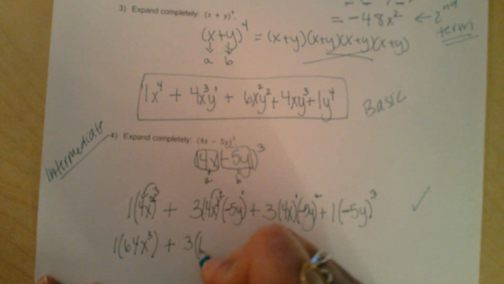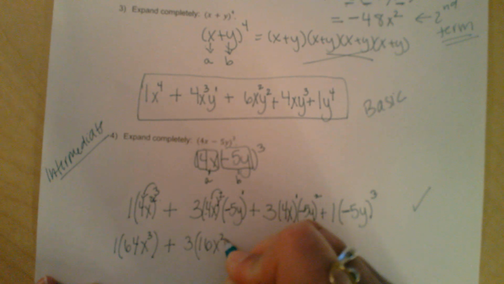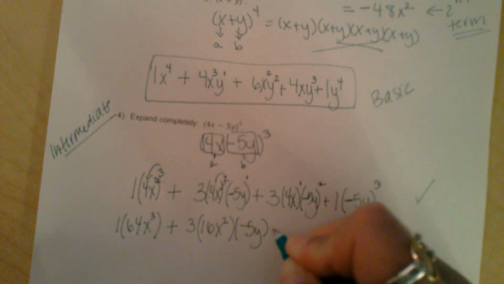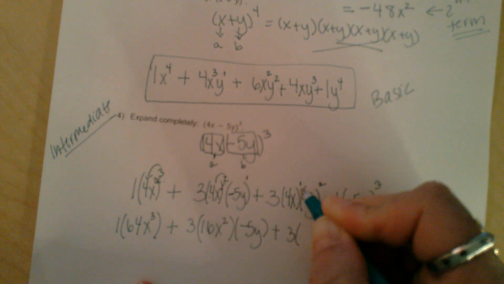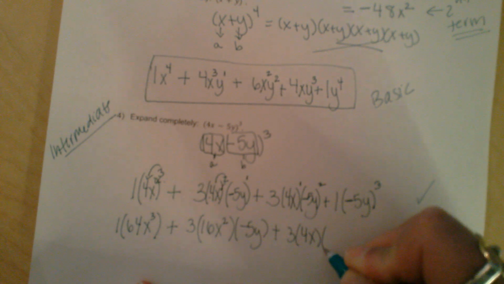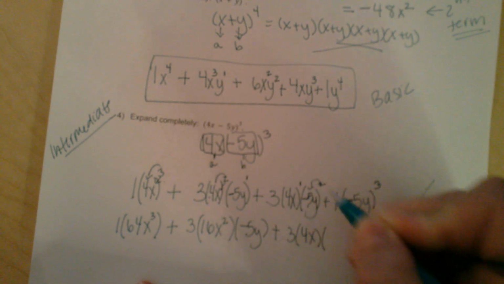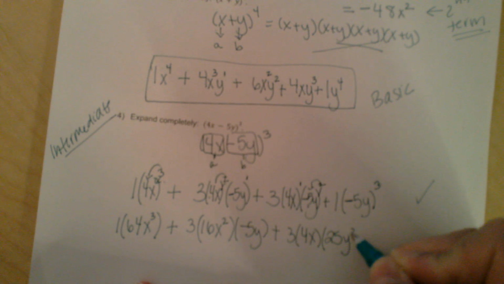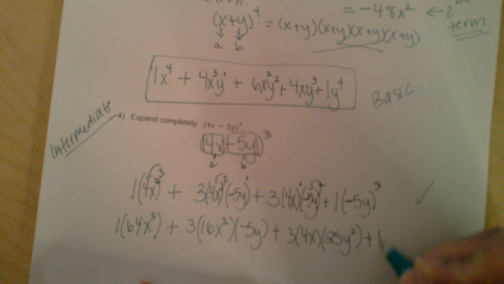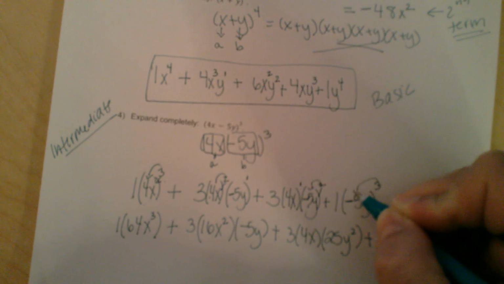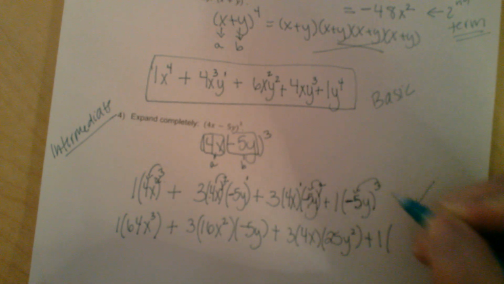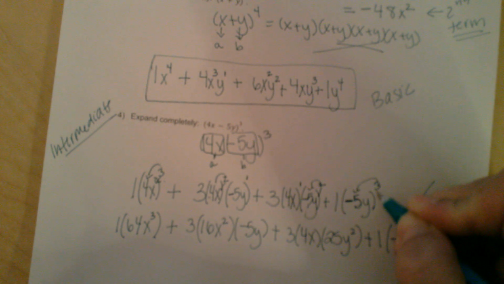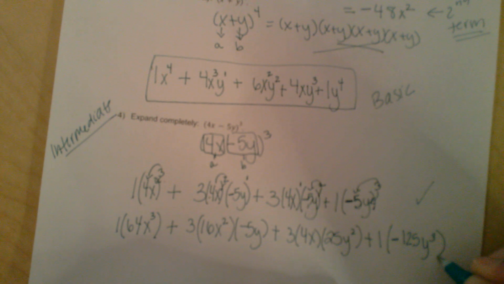So 4 squared is 16, x squared is x squared, times negative 5y, okay, plus 3 times, that's to the first, 4x, times negative 5 squared is positive 25, y squared is y squared, plus 1 times negative 5 to the third is going to be negative 125. Y to the third is y to the third.